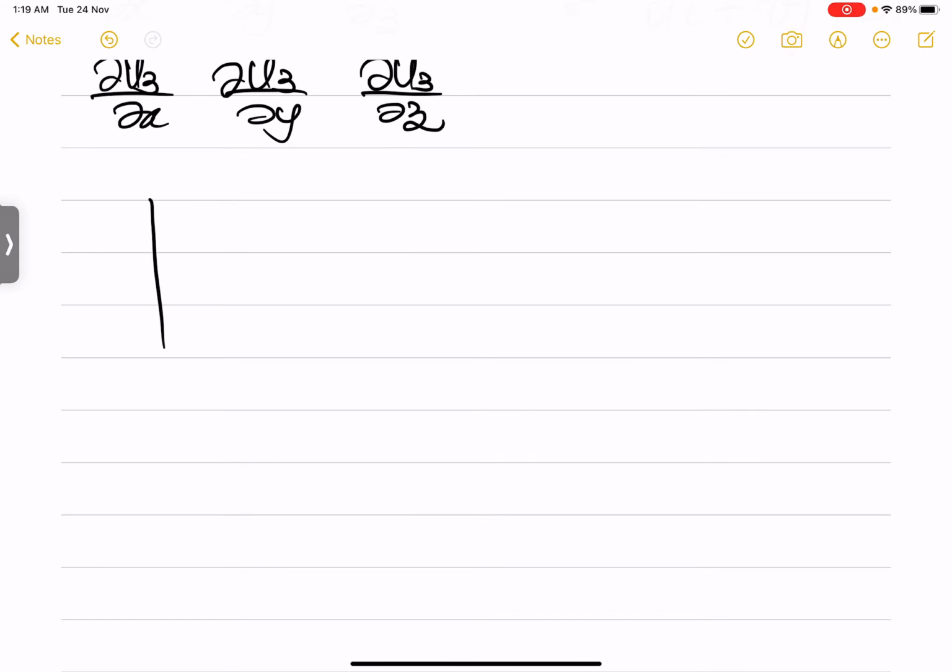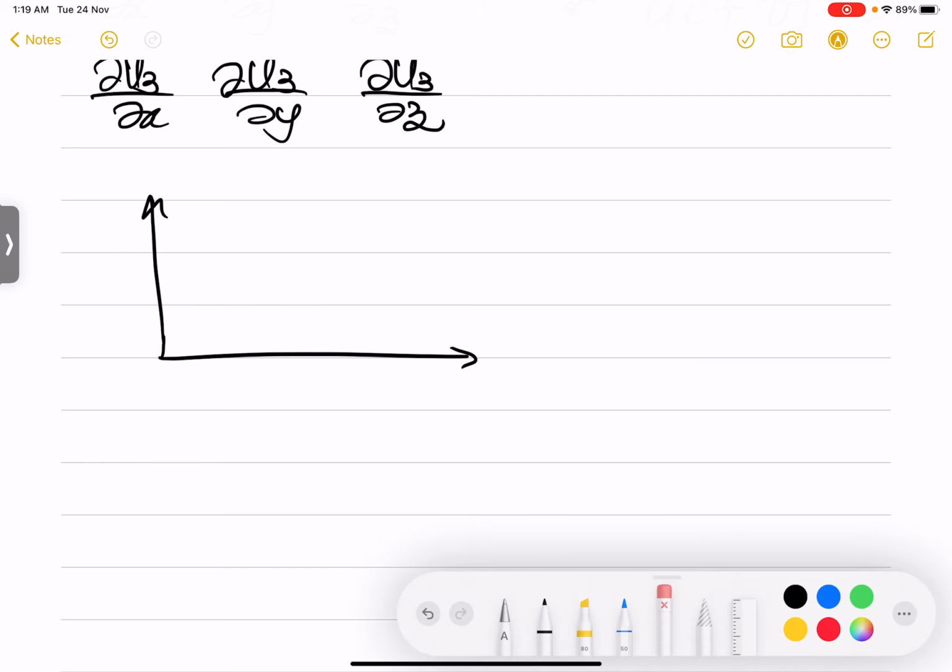So let us look at a rectangular element of fluid. I'll draw it in a slightly more convenient way. The rectangle I'll make more like a square so that the drawing looks a bit easier.